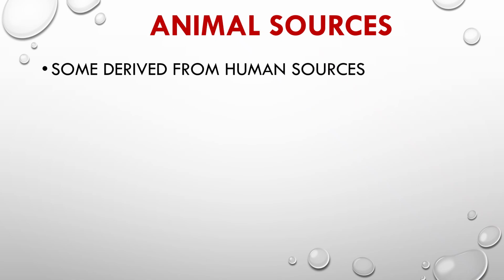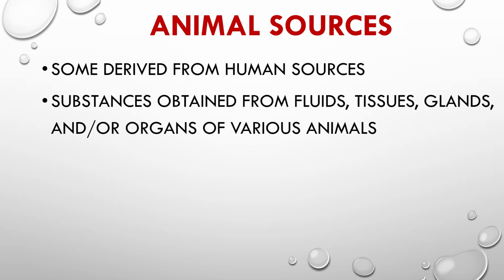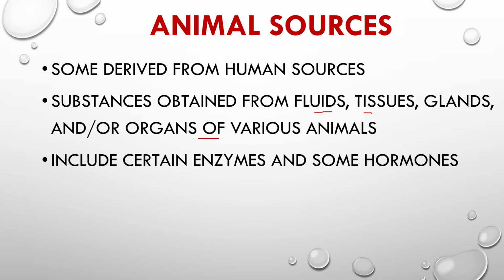So looking first at the animal sources, some of these again can be derived from humans, and these would include any fluids, tissues, glands, organs from various animals. So it could be an enzyme that gets isolated, so we're just collecting fluids or specific substances from them, or it could be a whole organ that is being used.